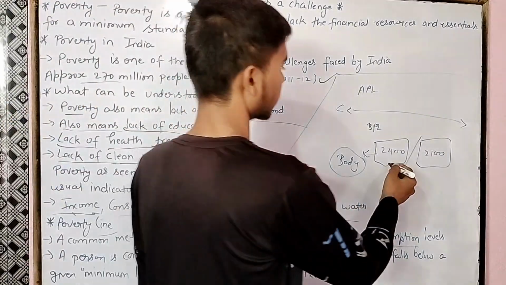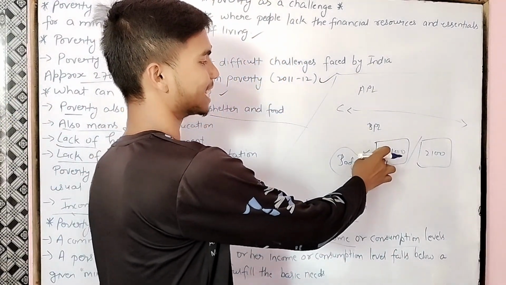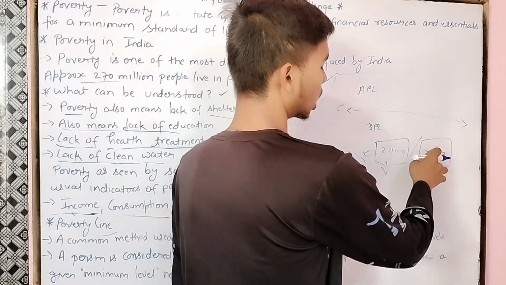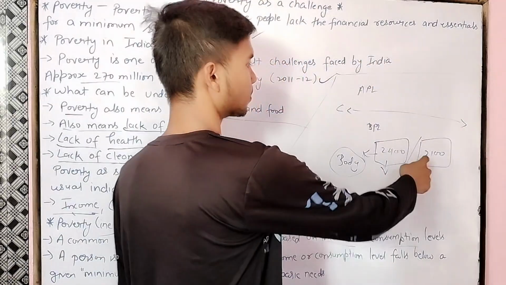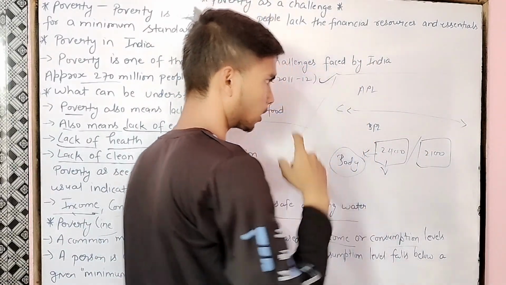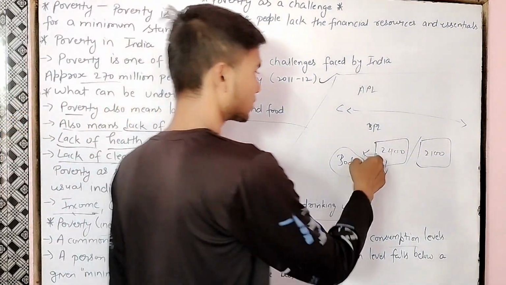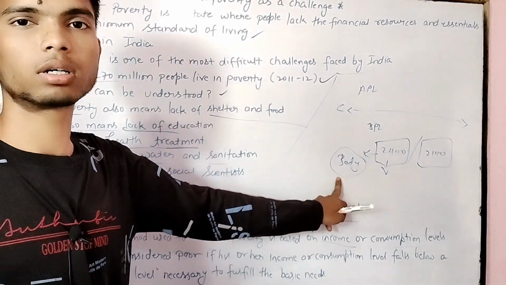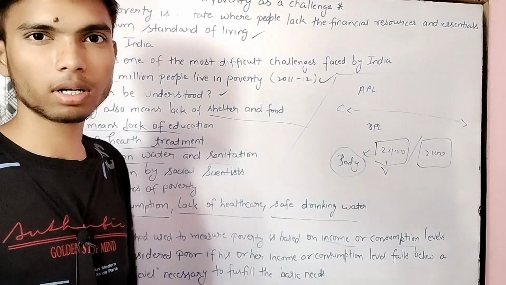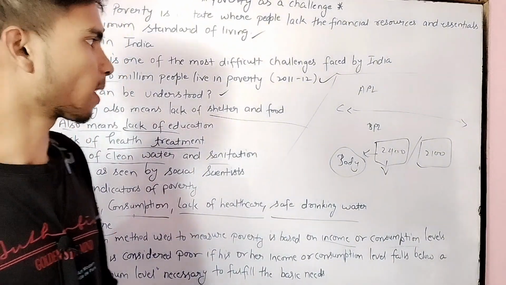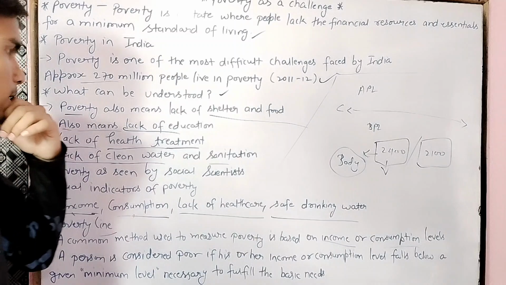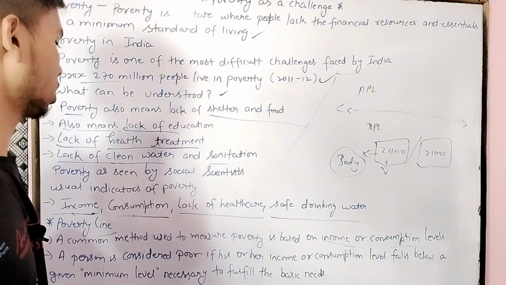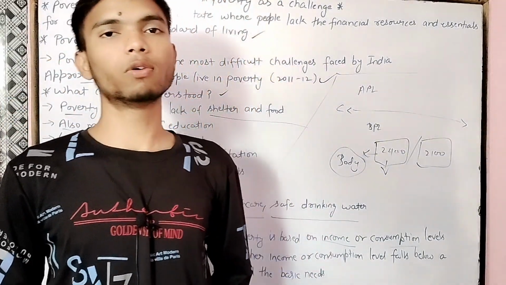That's why rural people need 2400 calories, and urban people need 2100 calories, because urban people work through the mind instead of the body, whereas rural people work through the body apart from the mind. So obviously they will consume 2400 calories.